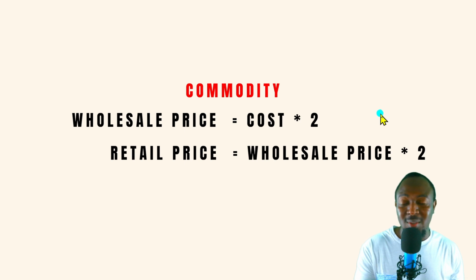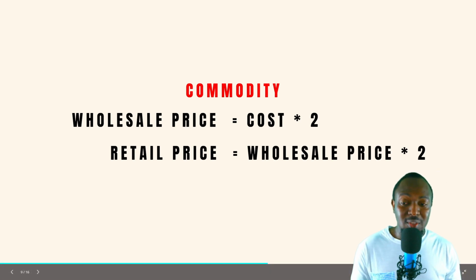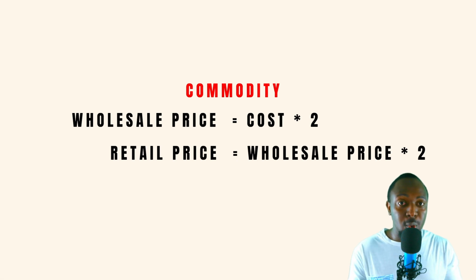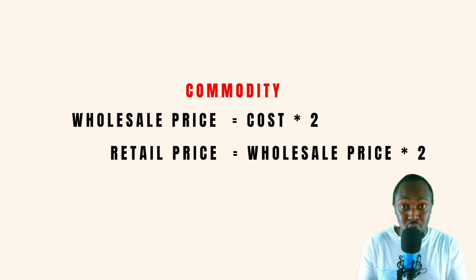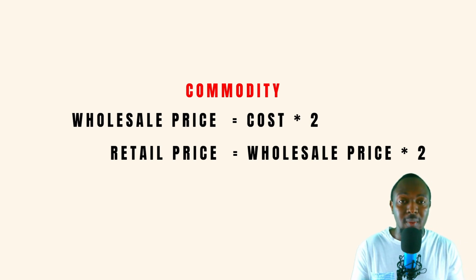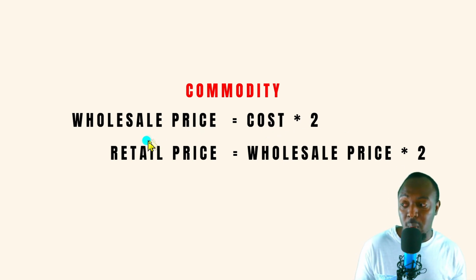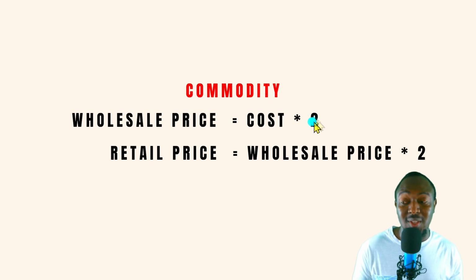For the retail price, it is the wholesale price times 2. This is the formula you have to follow. This is the rule everyone needs to follow. Are people following it? No, because most people do not know. So the wholesale price is the cost of the product times 2, and the retail price is the wholesale price times 2.